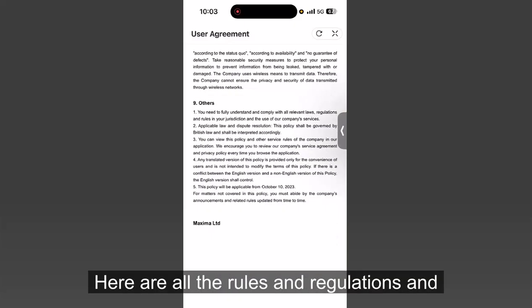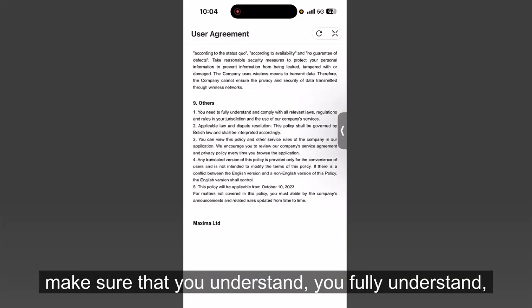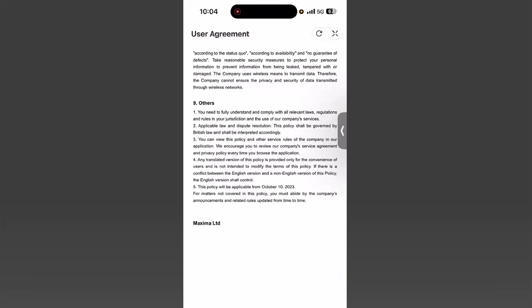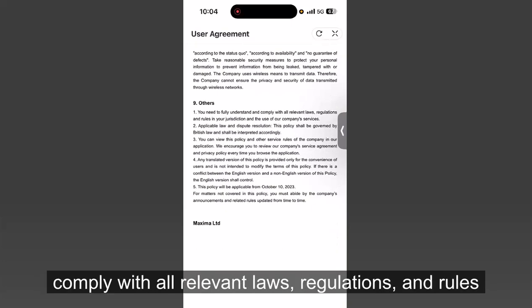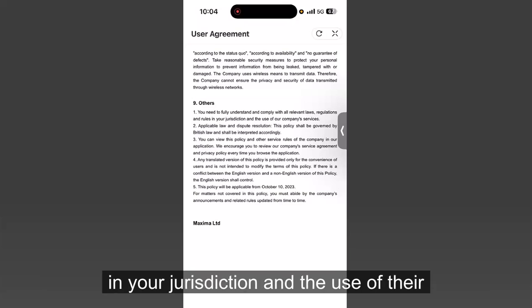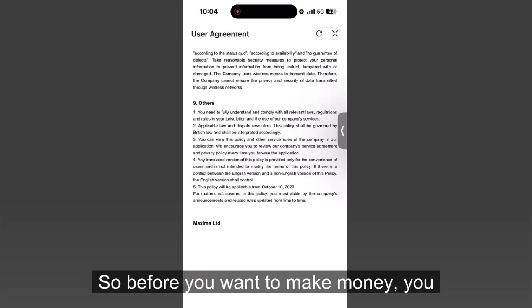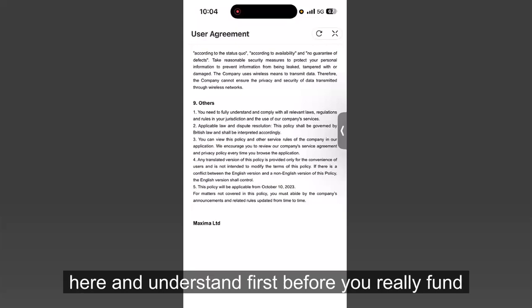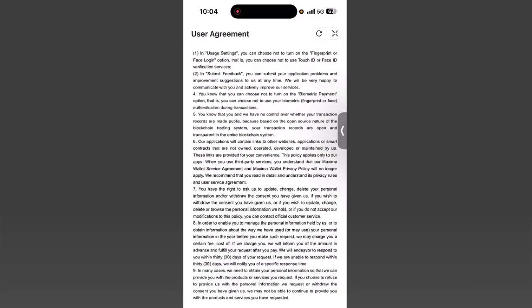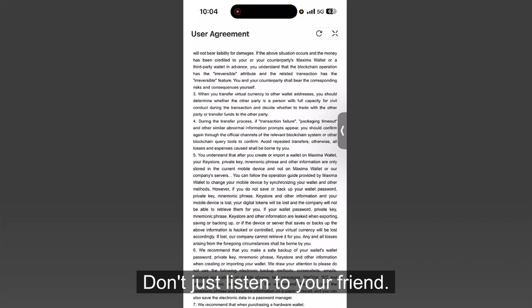Here are all the rules and regulations. And make sure that you fully understand and comply with all relevant laws, regulations, and rules in your jurisdiction and the use of the company's services. Okay, so before you want to make money, you want to know more, you can come over here and understand first before you really fund in and do your trade. Okay, don't just listen to your friend.